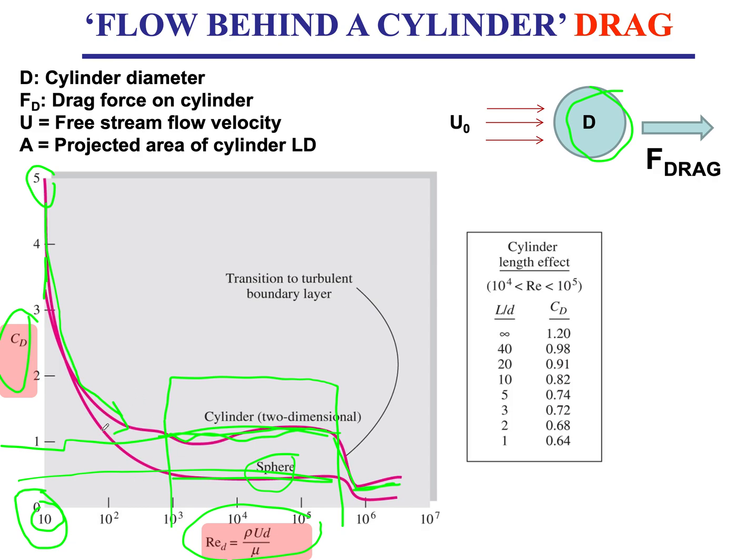Somewhere in between, we transition between those two. And this is how we can get the drag force. If we know what Reynolds number we are at, we should be able to get the drag coefficient. And once you get the drag coefficient, you can get the drag force by knowing the dimensions of the flow, the length scale, velocity scale, and the time scale.